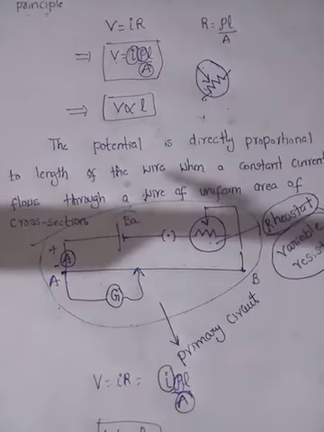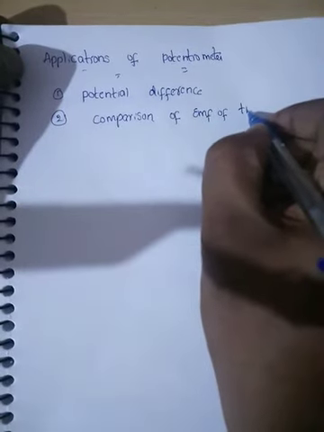Now what are the applications of this potentiometer? Where can we use it? First, to find the potential difference across the wire. Next, we can use it for comparison of EMF of two cells.